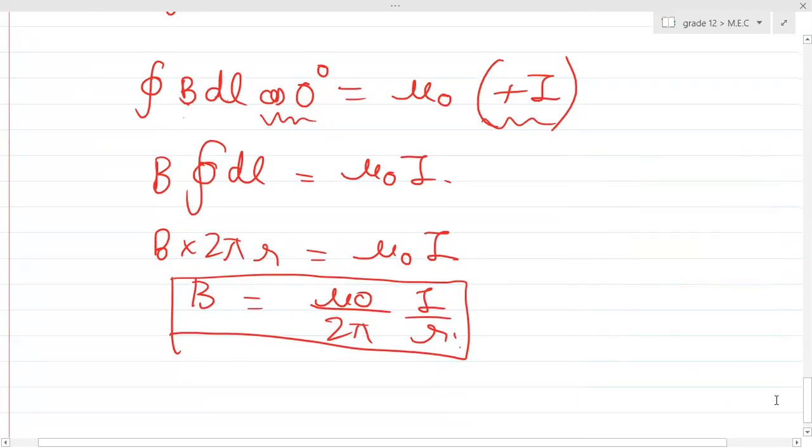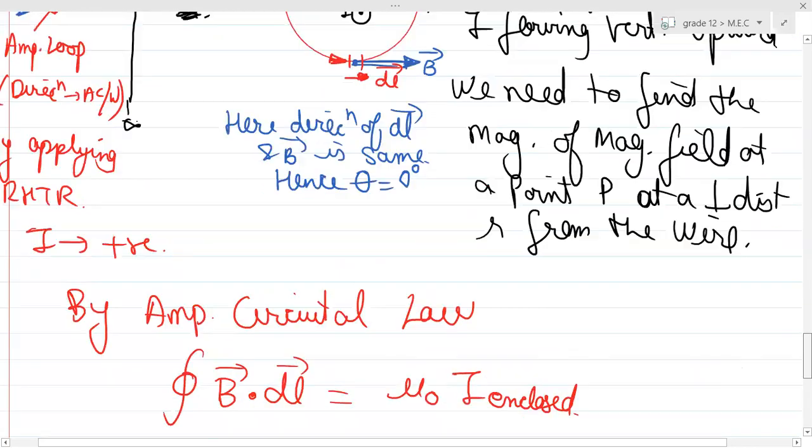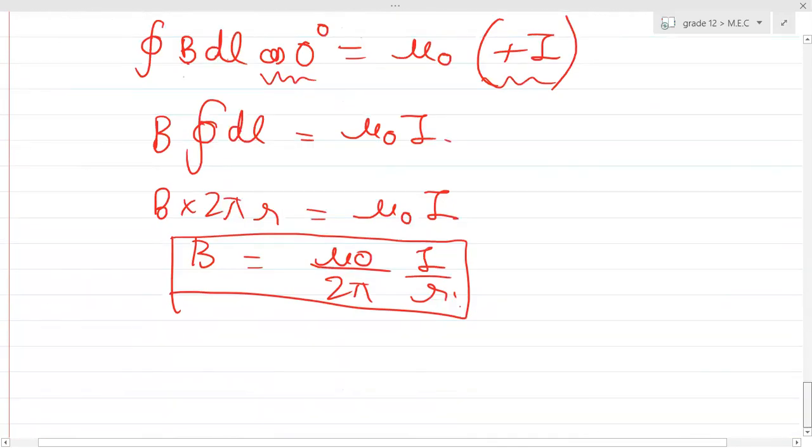So basically, did you see the application part? How did we apply it? Is it clear?